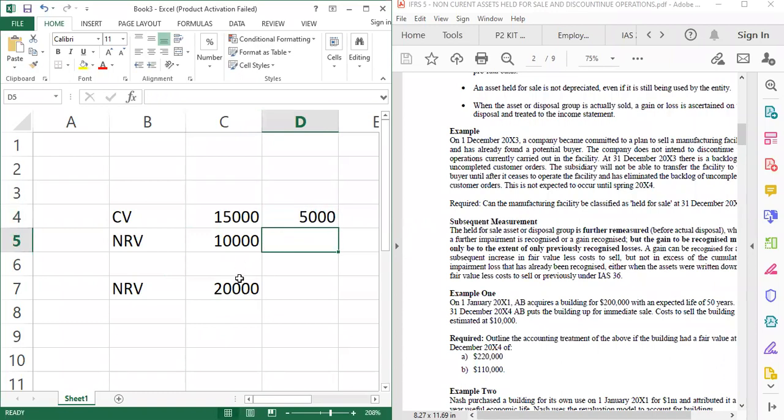But if we did a subsequent measurement after classifying the assets, they are now telling us that the net realizable value is now 20,000. It means that the value of the asset has increased from 10,000 to 20,000. So what we do is that we have recognized an impairment loss of 5,000 on the asset. So we now bring the asset to 15,000 by removing the impairment loss that we have already recognized.